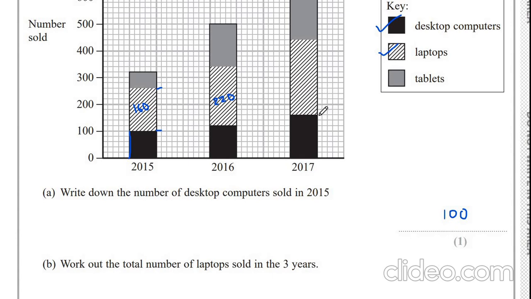Next, well, we have 1, 2 squares here, and then 2 more squares up here, that's 4, and from here all the way to here, that is 200. 200 plus 80, that's 280.